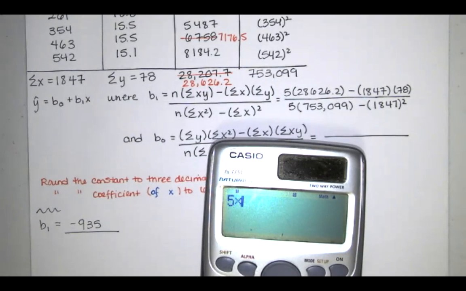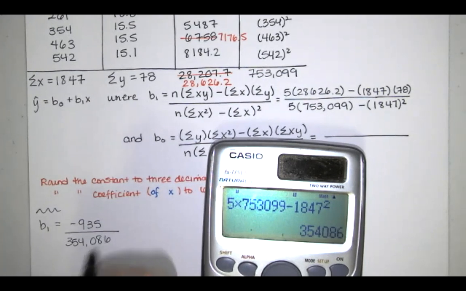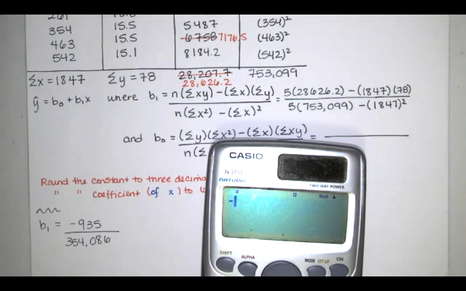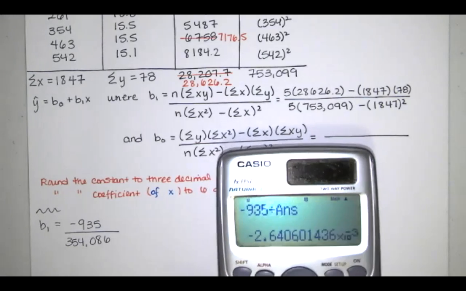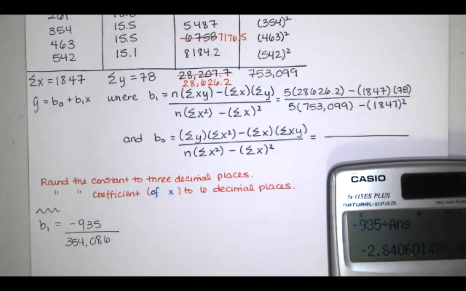It's 5 times 753,099 minus 1847 squared. And so that's 354,086, and then we'll just take those two numbers and divide them. So I'll take negative 935 divided by the last answer, and I'll get a decimal approximation. Now I get negative 2.6406 times 10 to the negative 3.